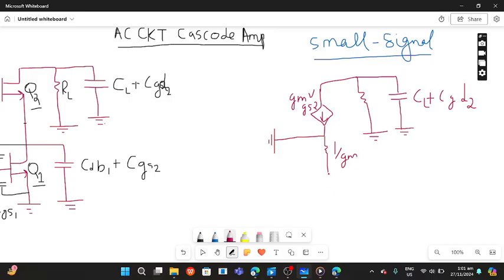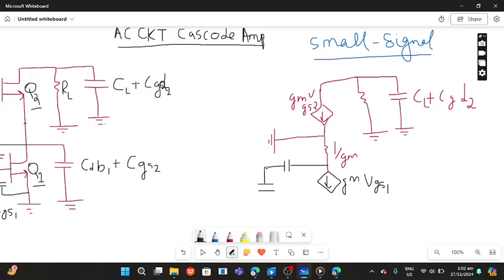Now we shift to the pi model. For pi I use this black pen. This is your gmVGS1. Now here you will have a bridging capacitor and CGS.